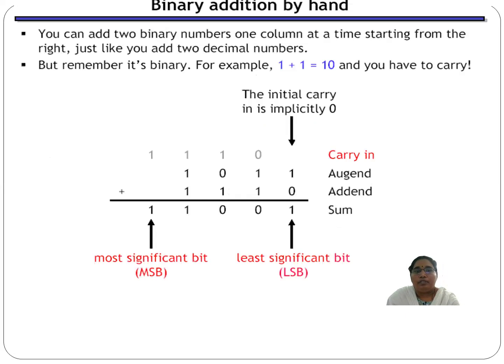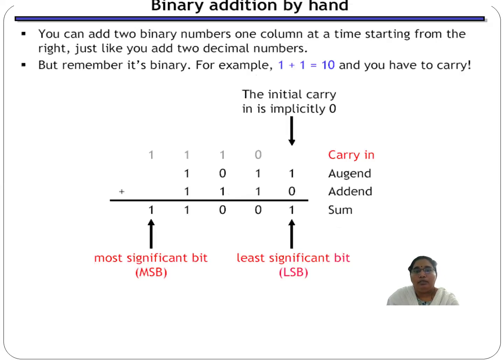Here is a 4-bit augend and here is a 4-bit addend. These two are to be added. If you see, these are the least significant bits of this 4-bit number, where the binary weights increase as 1, 2, 4, 8, in powers of 2.